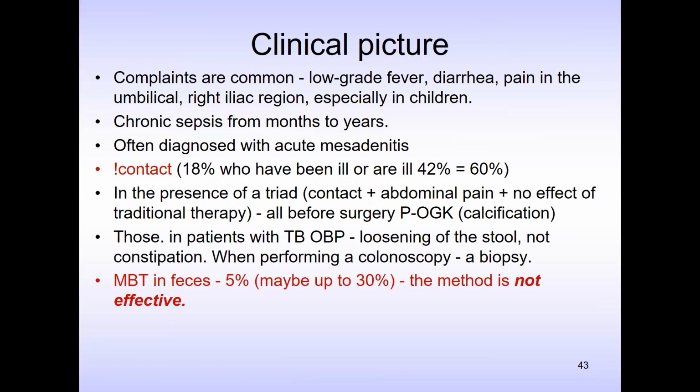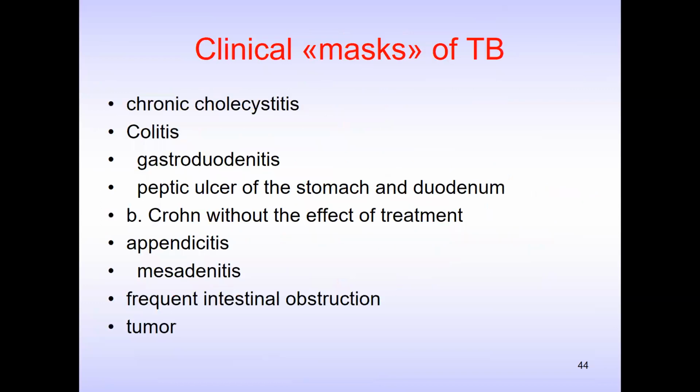Chronic course from months to a year, often diagnosed as acute mesadenitis. Clinical masks of tuberculosis are colitis, chronic cholecystitis, gastroduodenitis, appendicitis, mesadenitis, tumor, and so on.